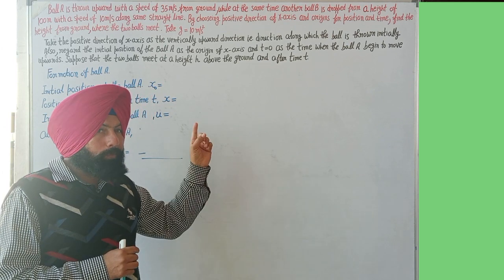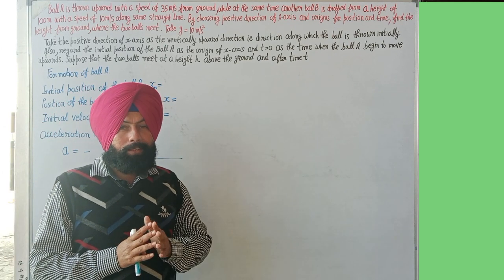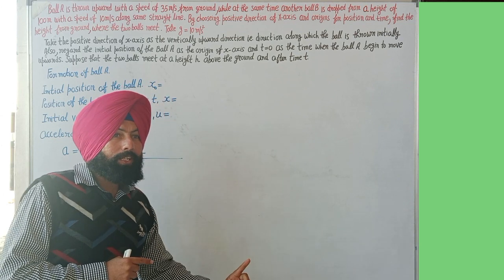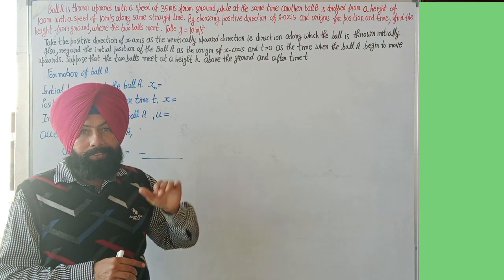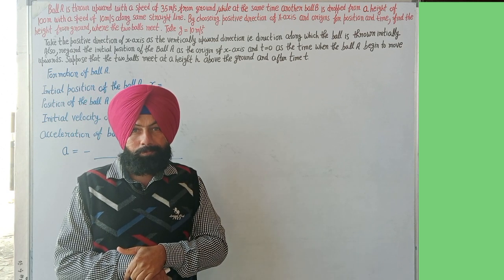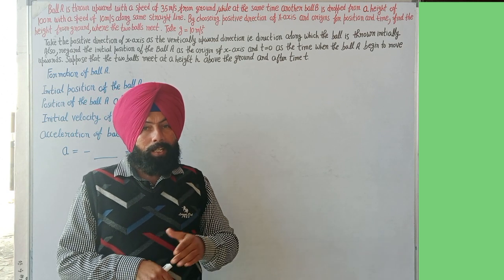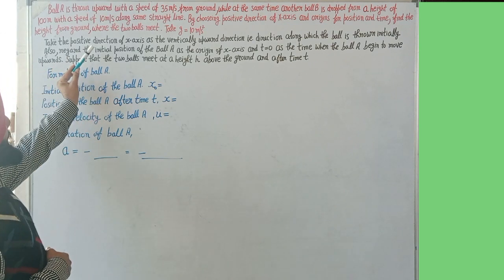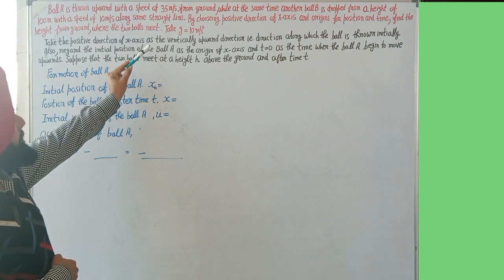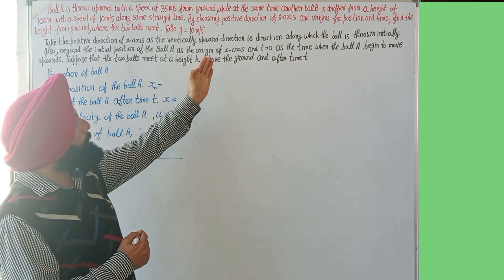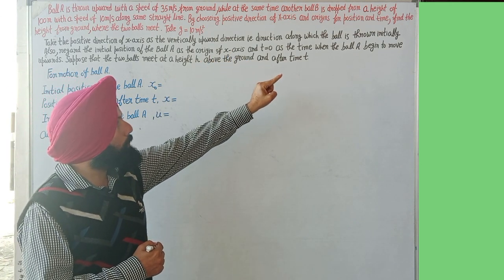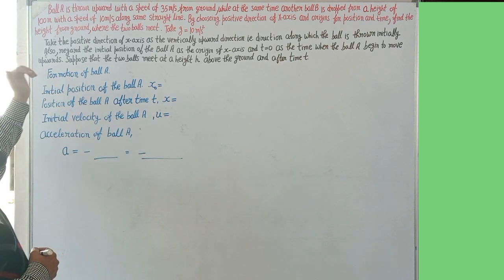Now according to the statement, we are taking the x-axis vertically upward. Take the positive direction of x-axis as the vertically upward direction, that is the direction along which the ball is thrown initially.